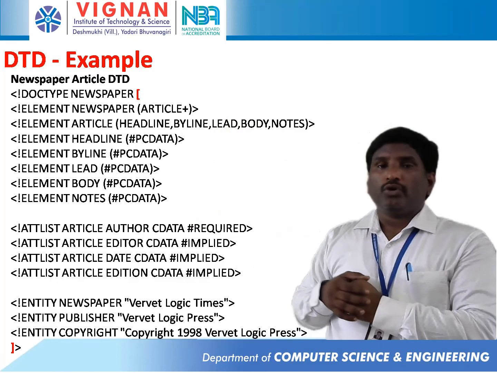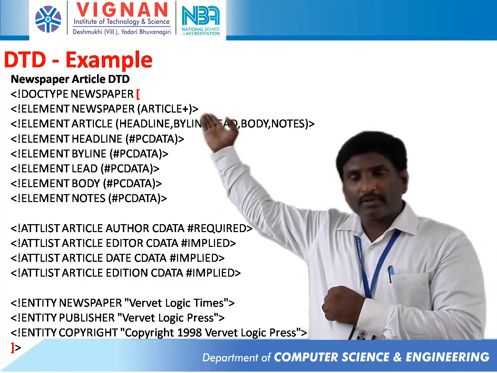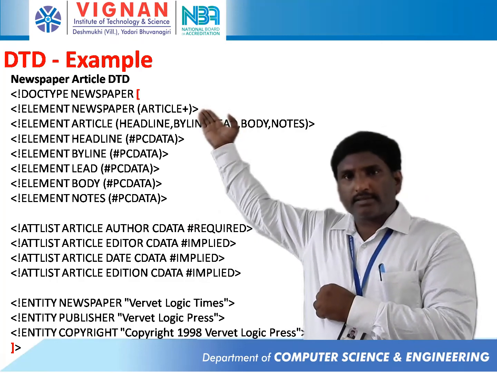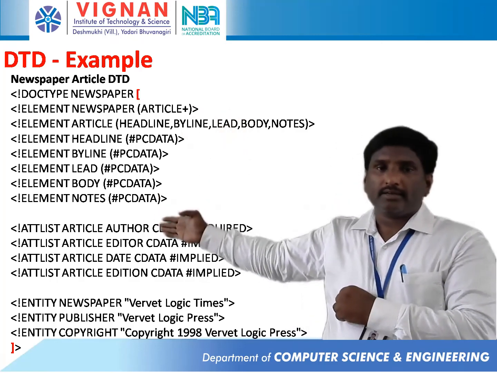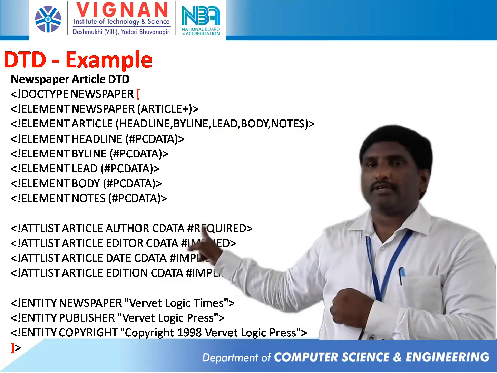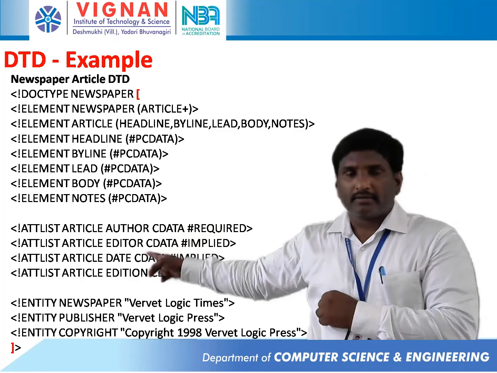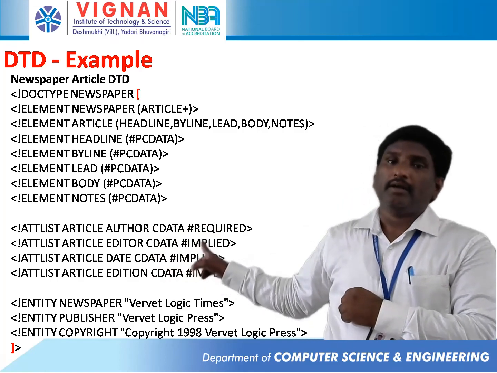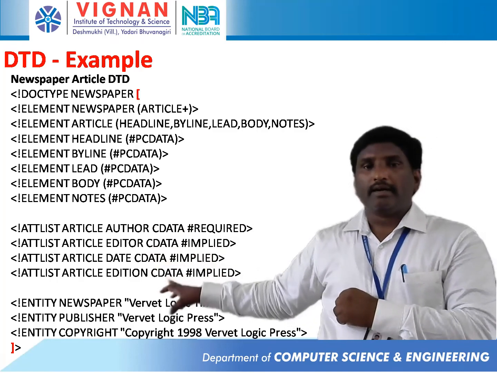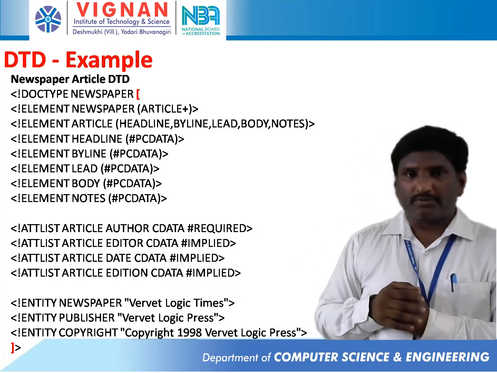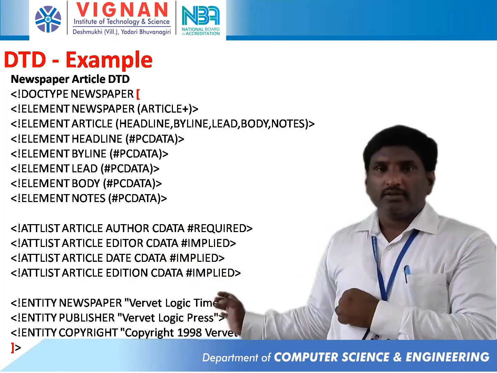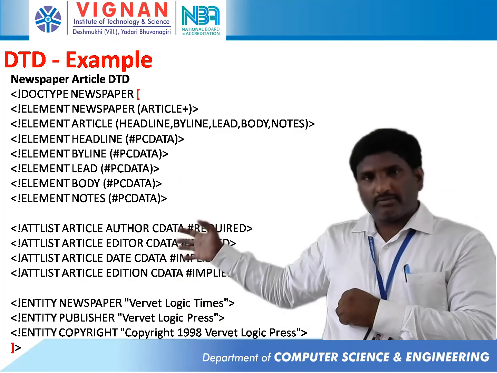We are also specifying the article's attribute values: author should be required, editor is optional by specifying #IMPLIED, and date and edition are optional. And we have defined the entities newspaper, publisher, and copyright. So this is the DTD.